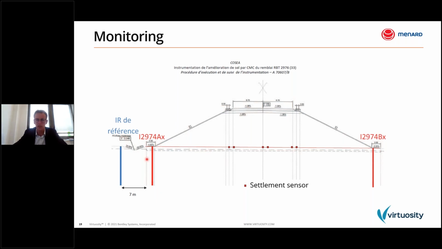You can see the 2 inclinometers plus 6 sensors to measure the settlement here at the center of the embankment. For each pair of sensors, we had 1 sensor at the top of the CMC, at the top of the rigid inclusion, and 1 in the middle of the grid, in order to compare the settlement of the rigid inclusion and the settlement of the soil.